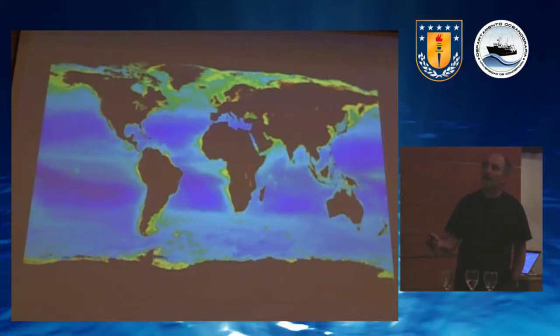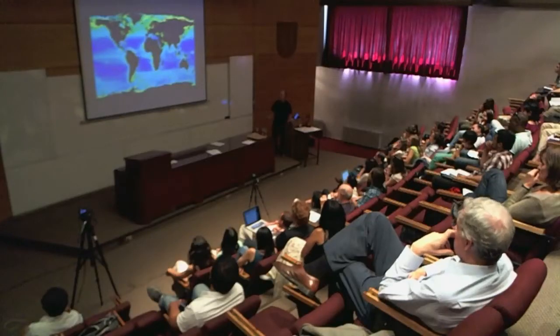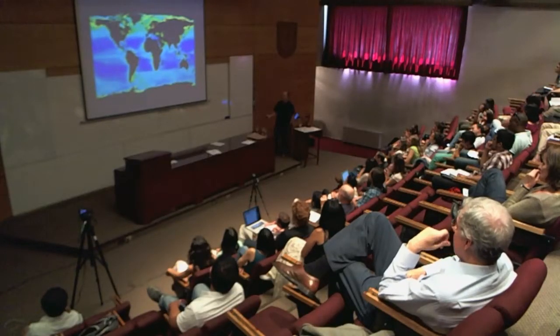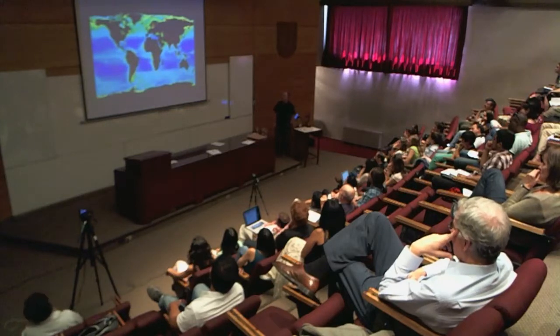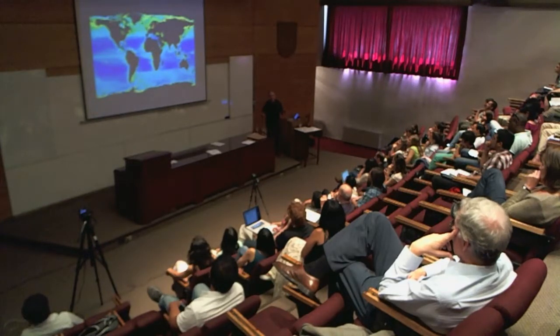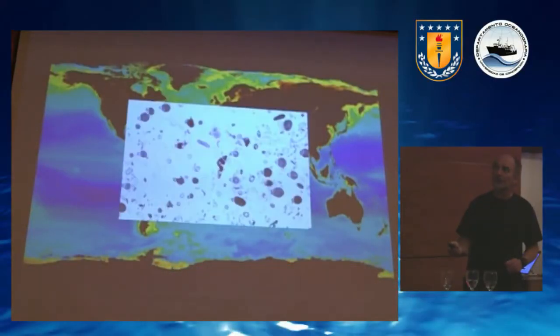In the regions where the biomass is large, which are either coastal or upwelling waters, most of the production is due to diatoms or dinoflagellates, large cells, large microbes. But it was discovered that in the areas where the biomass is very low, it is dominated by very small cells.